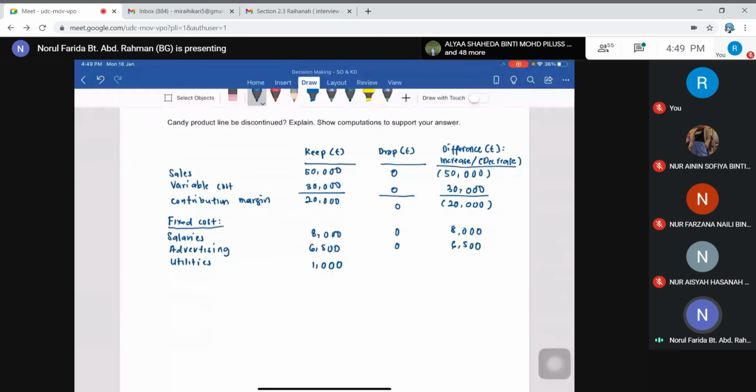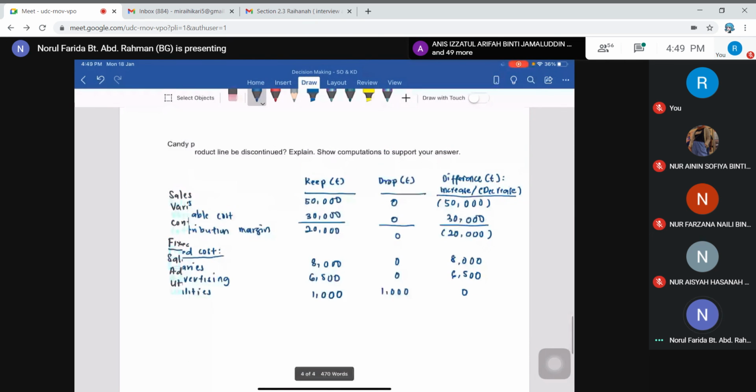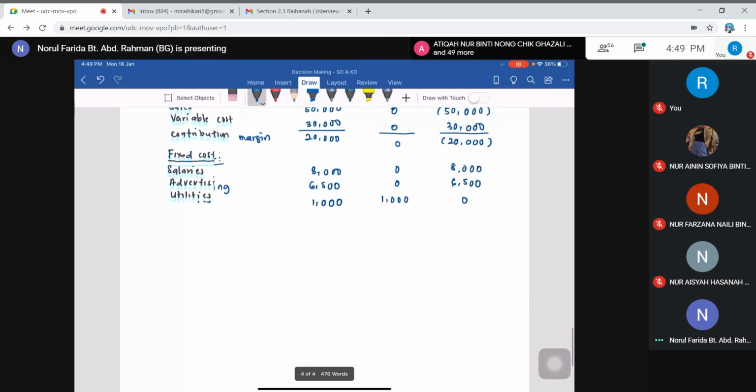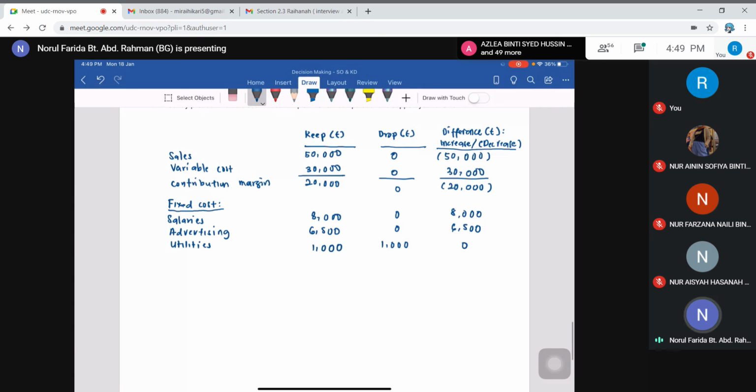Dia akan pecahkan kepada department lain lah nanti. Alright, so if you drop, you still have to pay 1,000. Utilities, if you drop, you still have to pay that utilities.